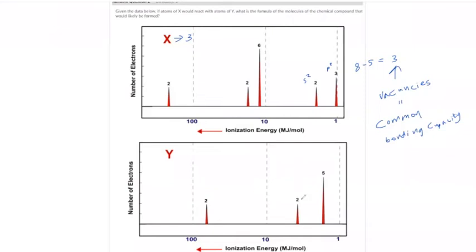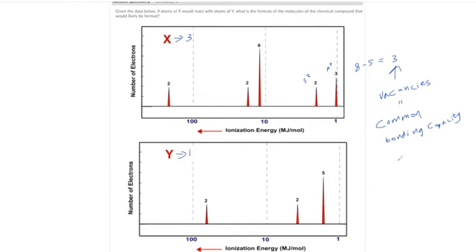That's 2 plus 5 is the number of valence electrons. Therefore the vacancies must be 8 minus 7, which is 1. Since Y has 1 vacancy, the common bonding capacity of Y is 1.